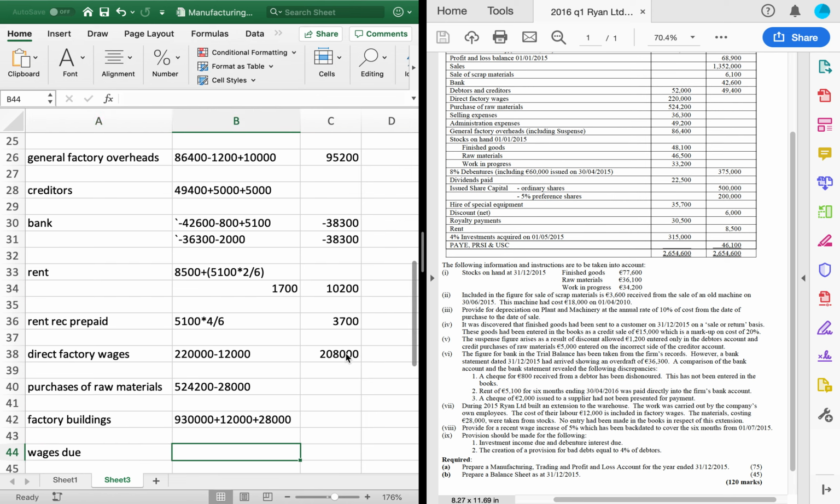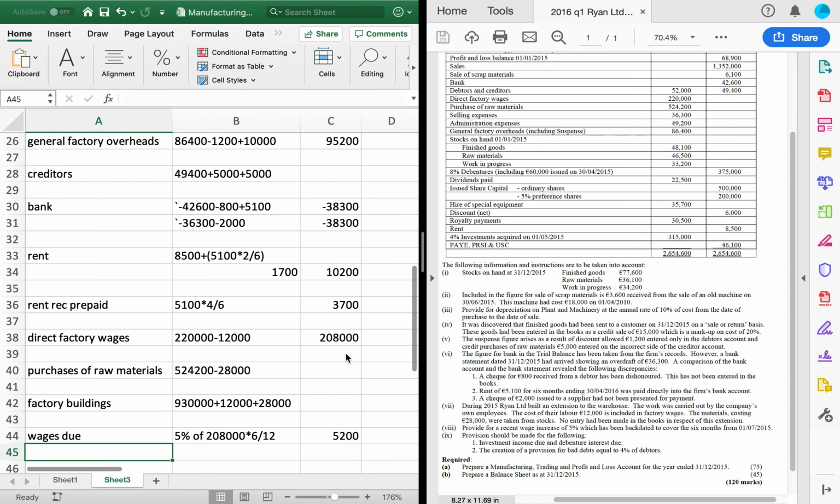So we're going to find 5% of the 208,000 by 6/12, which is 5,200.